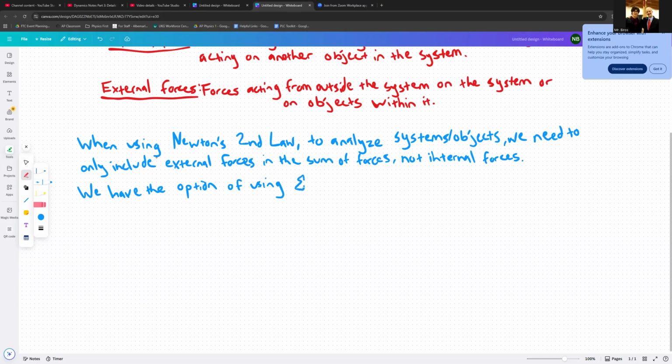We can use sum of forces equal to mass times acceleration, Newton's second law, for the system itself, or for each individual object within it.